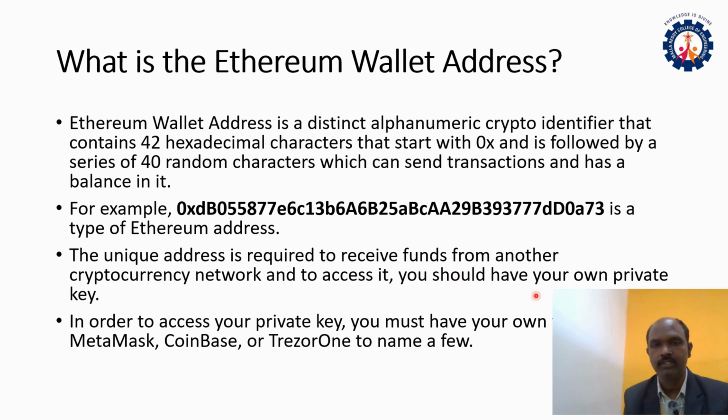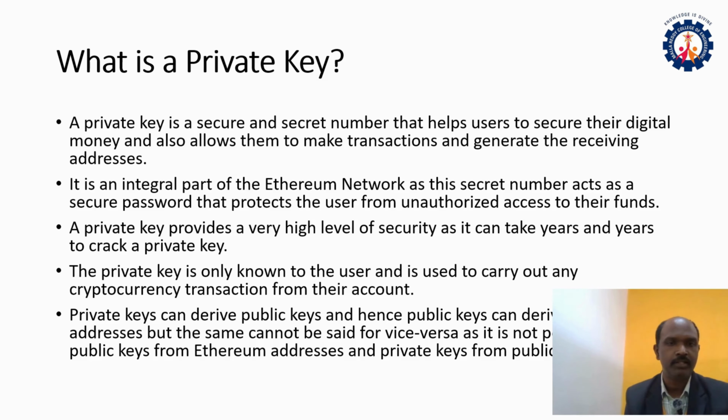In order to access your private key, you must have your own MetaMask, Coinbase, or Trezor wallet, or something like that. Later on we can go into how the Ethereum wallet address is applied dynamically in performing transactions.